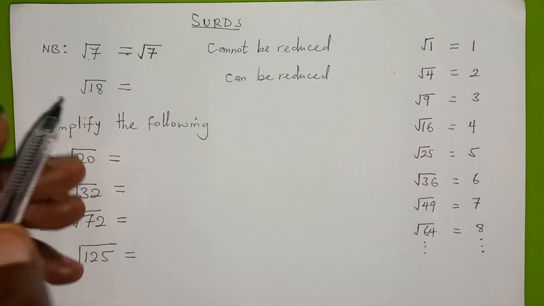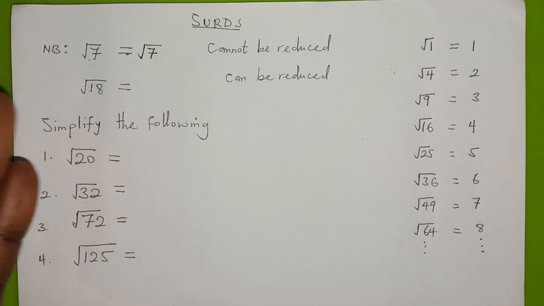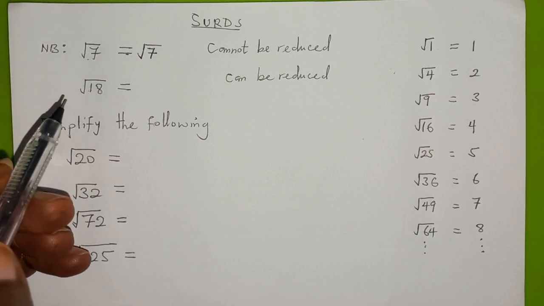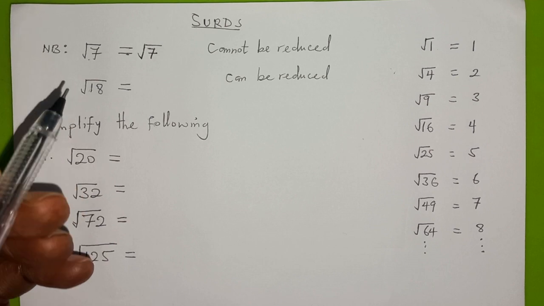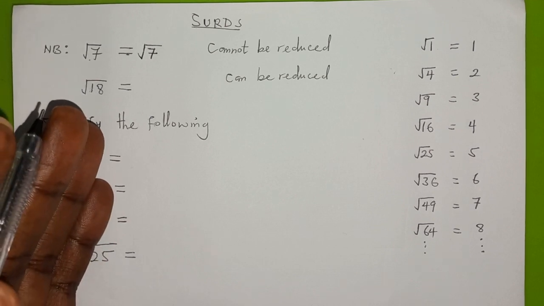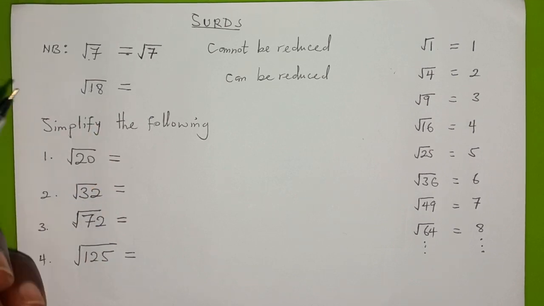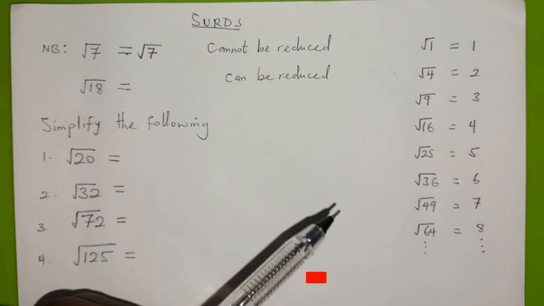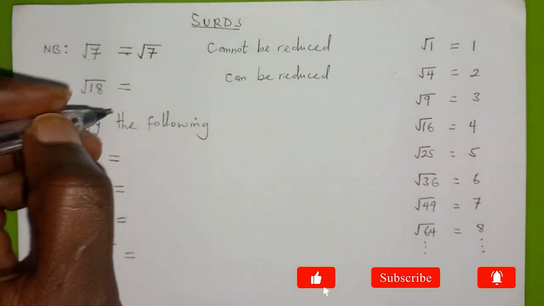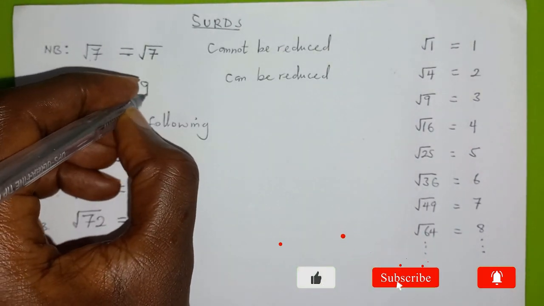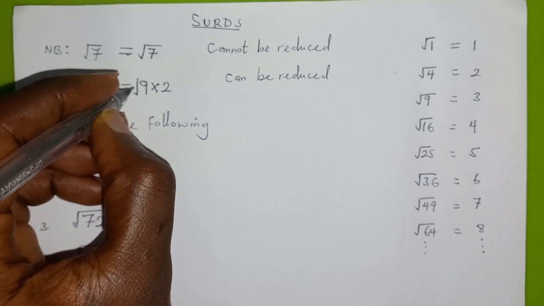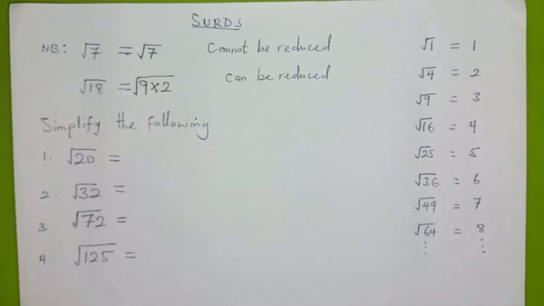Let us move on to the next surd. Root 18, can it be reduced? Yes, root 18 can be reduced in terms of a perfect square and an integer. If we look at these perfect squares here, we realize that we can reduce it using 9 by 2. Let me introduce my square root.